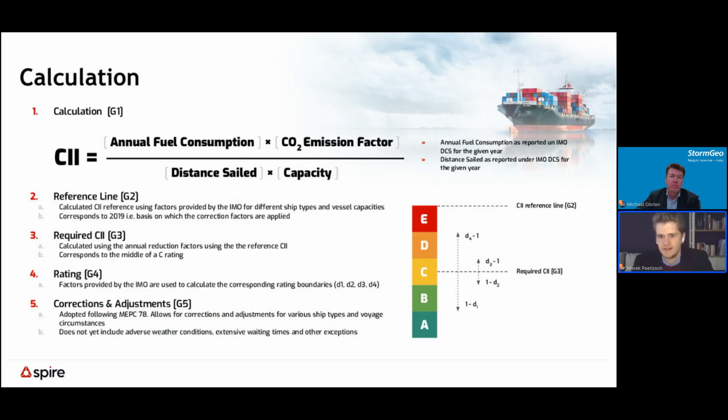Then coming to the next slide regarding the calculation. For CII to be calculated, there's essentially 5 steps that go into it, with the first step being the most important one, where a factor is calculated based on the total emission of CO2 by a ship, and most commonly that is done by using the IMO DCS reported fuel consumption over a whole year or the certain period that applies to the vessel, multiplied by the CO2 emission factor.